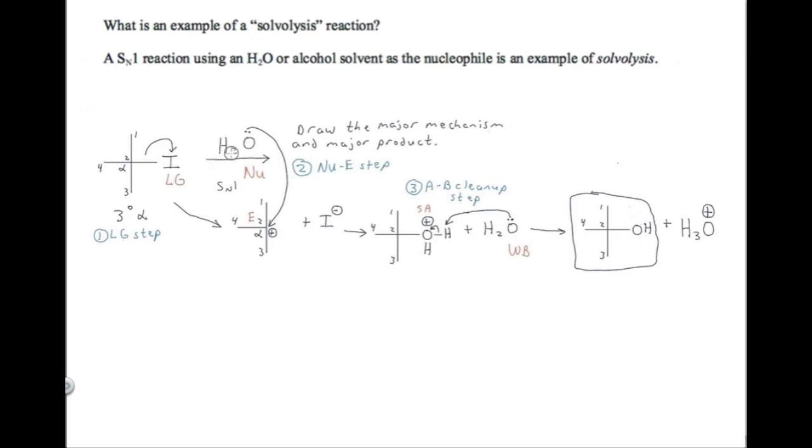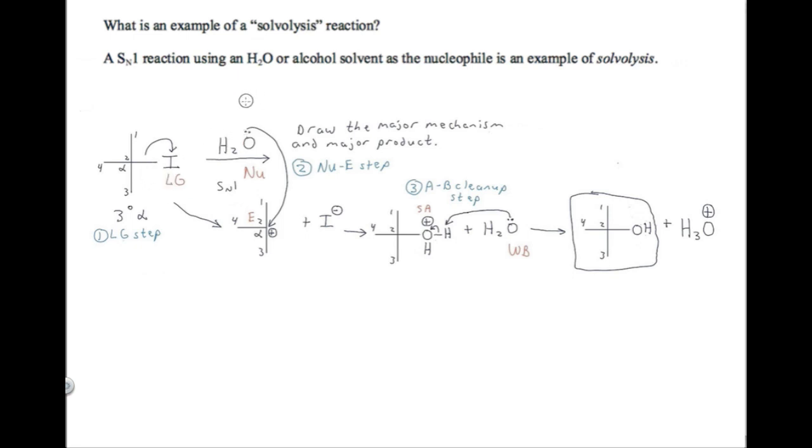We're using this to form a permanent separation between the alpha carbon and the leaving group. At the beginning of the reaction, the alpha carbon is attached to the leaving group, and by the end of the reaction, the alpha carbon is no longer attached to the leaving group because the water has interposed, so to speak. So this would be an example of a solvolysis, using the solvent to break apart the substrate.